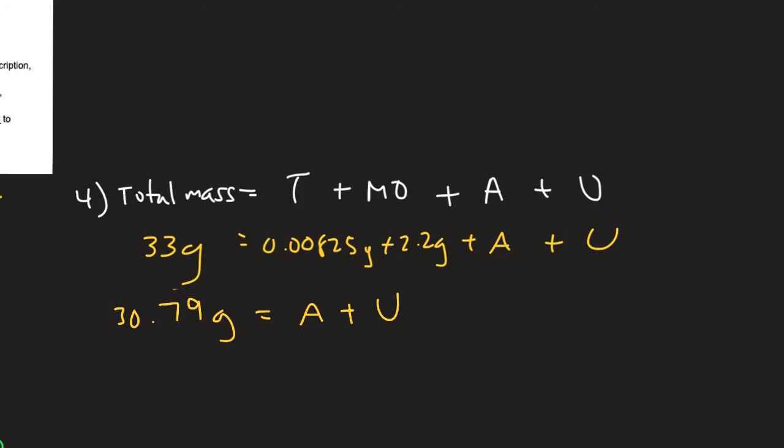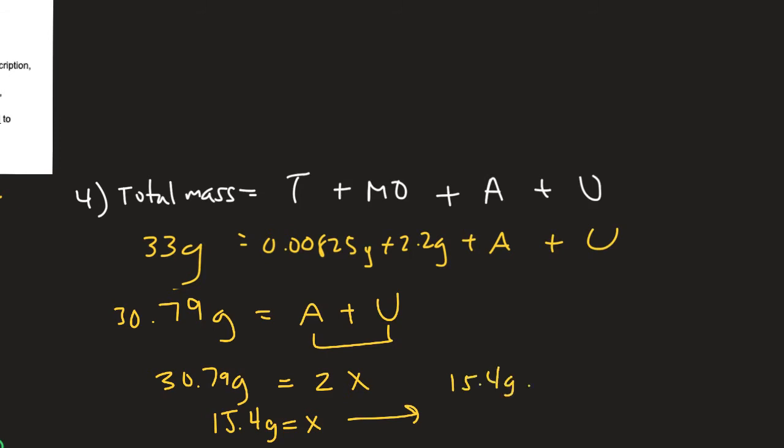So we have two ingredients, so these are pretty much going to be the same. 30.79 grams equals 2x, so 30.79 divided by 2 gives you 15.4 grams of each base. So that means 15.4 grams of aqua base and 15.4 grams of urea.